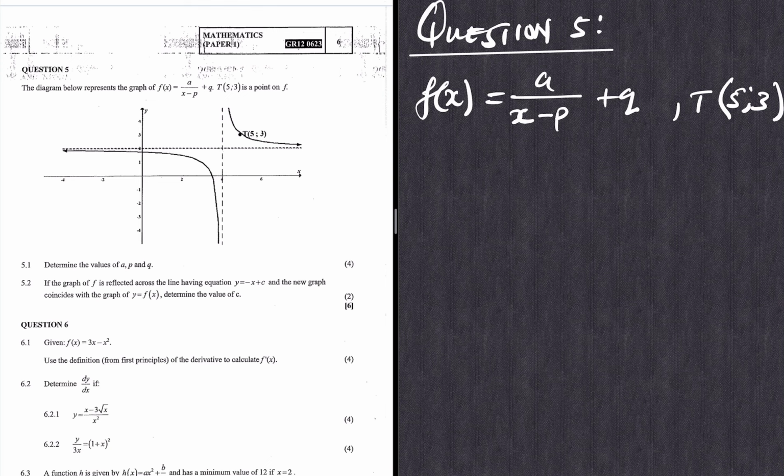You're given the graph that you must interpret, even though they are drawing some funny stuff here. But let's pay attention to what we have to find. They say to you, determine the values of A, P, and Q.